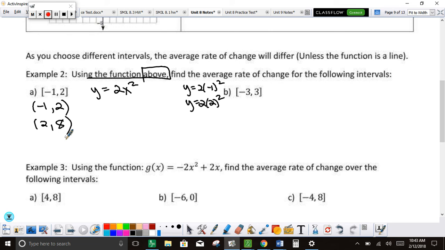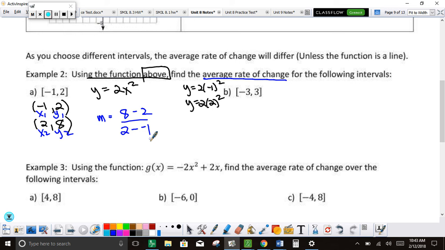There's a faster way to do it using the calculator, but I'm going to show you in just a moment. But now that I have my ordered pairs, I want to find the average rate of change. x1, y1, x2, y2. So my average change is y2 minus y1 over x2 minus x1.